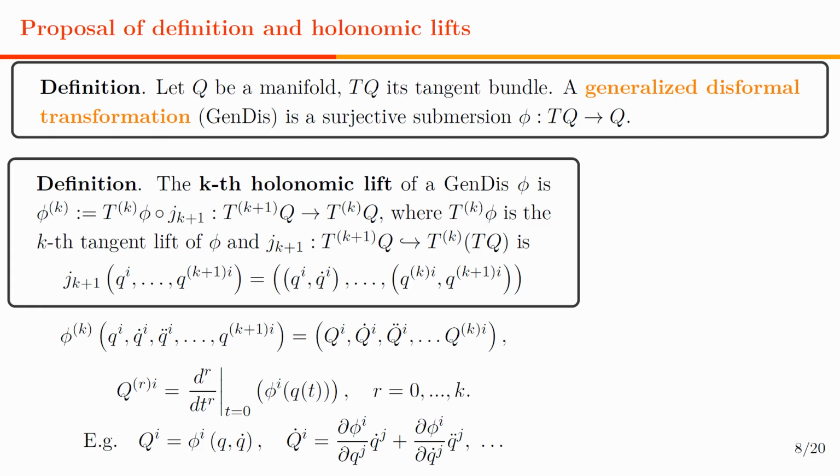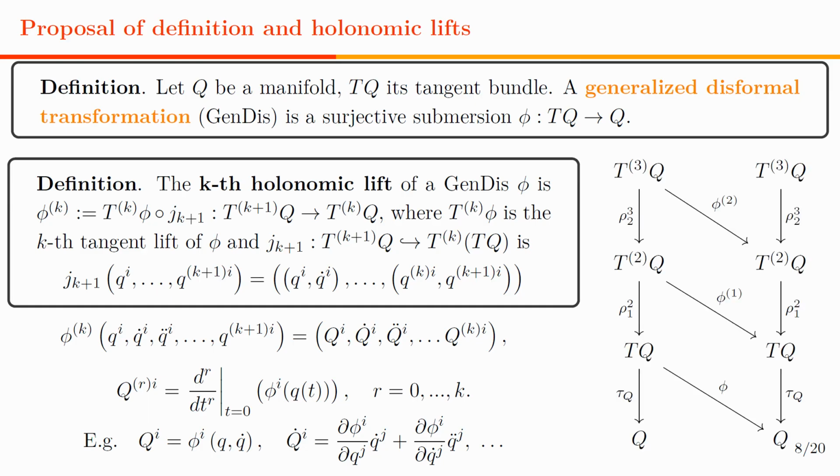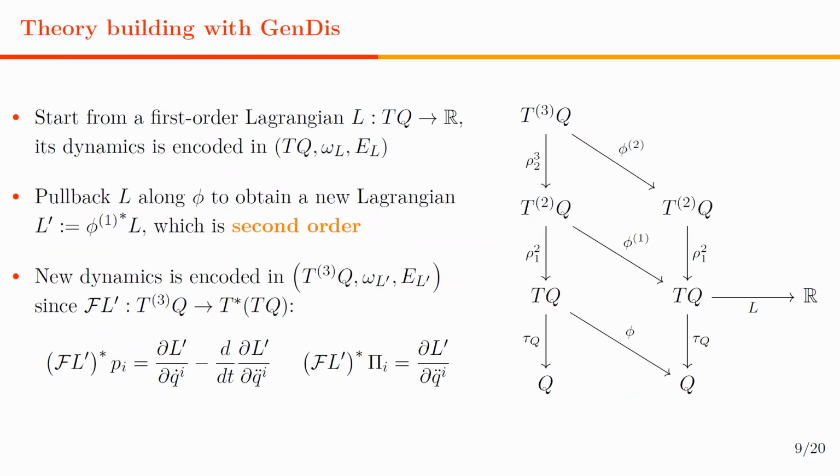This is a bit technical, but in coordinates you can see what this map has to do. And if we put manifolds of the same dimension at the same level, we see that the defining feature of a disformal transformation in the lift is that they relate bundles of order differing by 1 from one another.